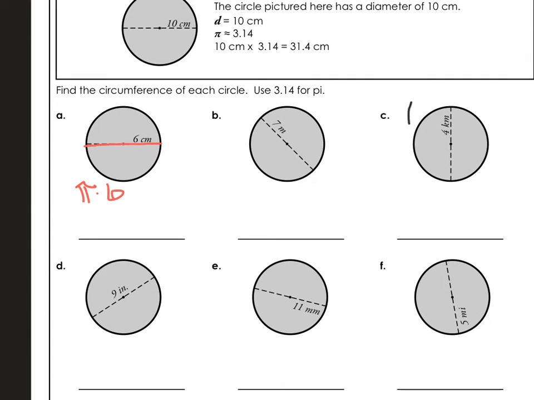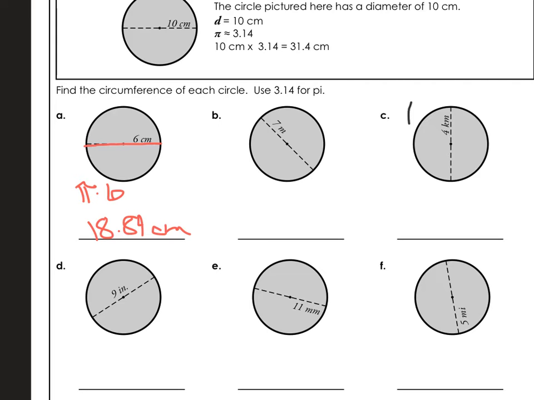So if I go 3.14 times 6, I get 18.84. So we'll just put the rest of the decimal because it's just two numbers. 18.84 centimeters. We're just talking distance, one dimension, so it's just centimeters. It's not centimeters squared or anything like that.